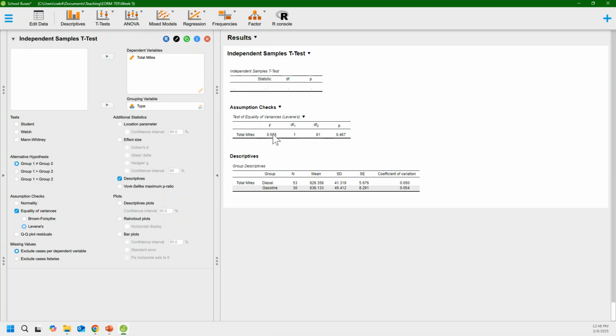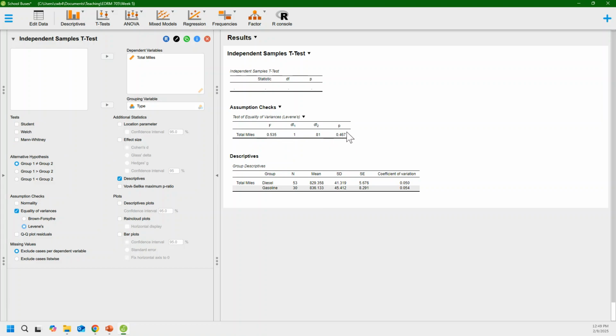Remember, the null hypothesis is that your variances are equal. The alternative is that the variances are not equal. And so if I reject my null hypothesis, meaning my p-value here is less than 0.05, then I'll say that my variances are not equal, and I would use the Welch test here. However, we obtained a p-value here of 0.467.